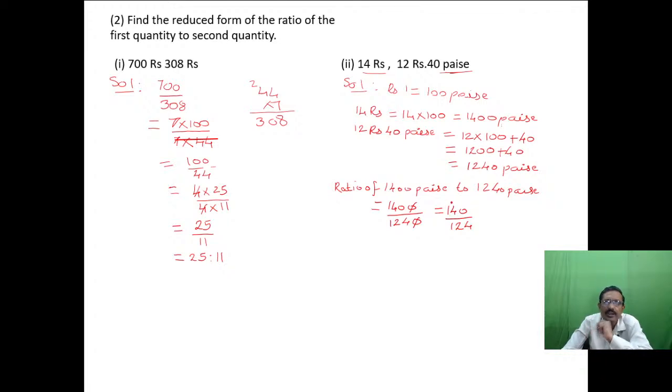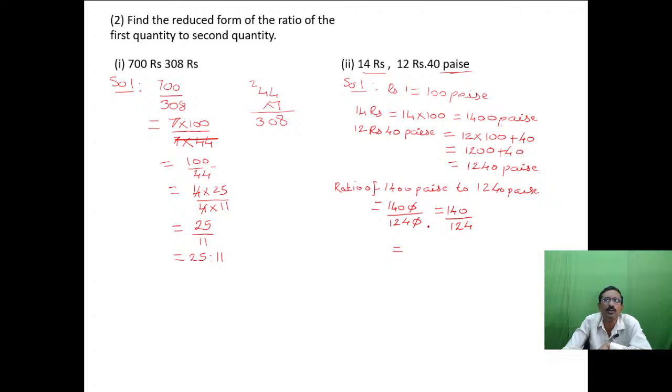Can we further reduce it? Can we find certain factors to reduce it? Let us see. Suppose I use the 4 times table, because in the units place you see you have got 0, 0, 2, 4, 6, 8. It can go by 4. Here also in the units place you have got 4.